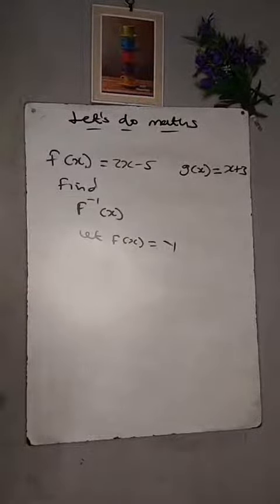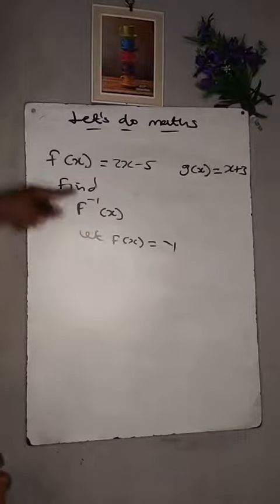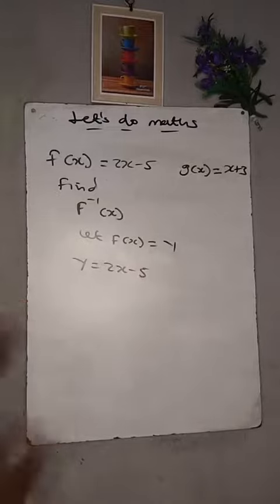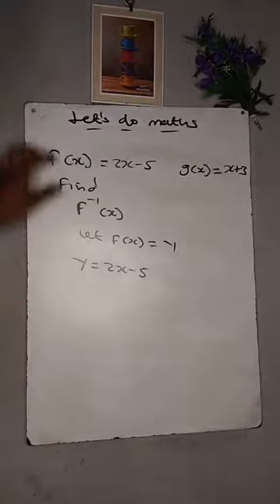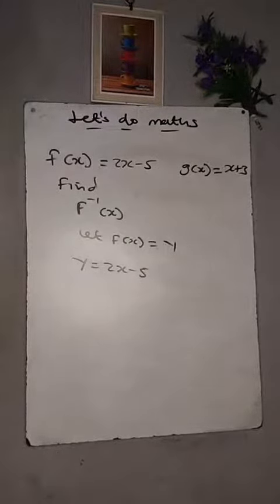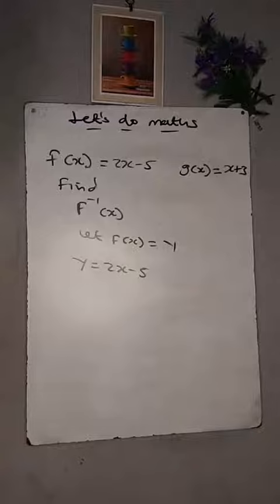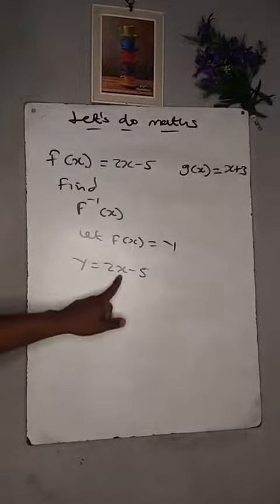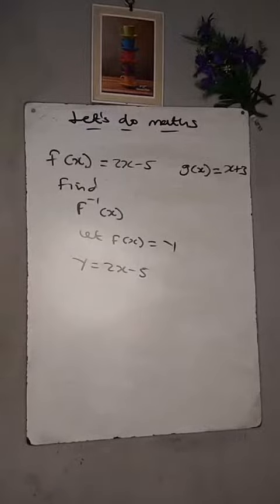So the moment our f of x becomes y, our function now will be y is equal to 2x minus 5, because where there is f of x, we have introduced a y. Then after you introduce the y, you work towards making x the subject of the formula.